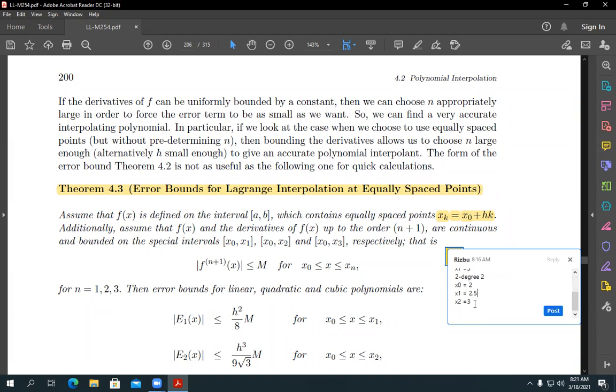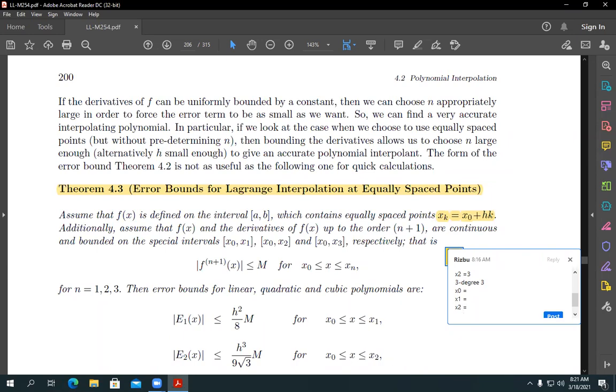Now, please, can any student tell me, if we need degree 3, how many points do we need? 4.